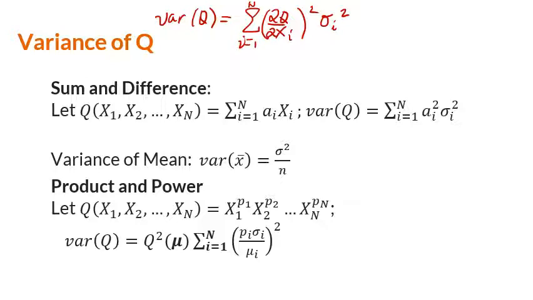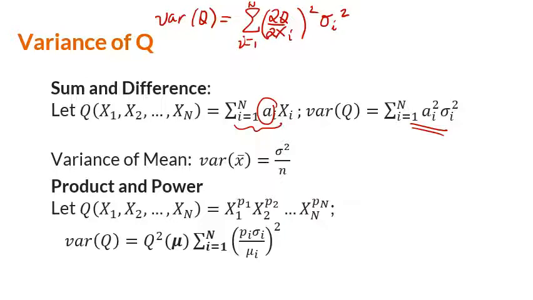So kung yung function mo ay a sub i times x sub i yung kanyang form, ano yung ibig sabihin nito? Yung partial derivative ng q with respect to x sub i is given by a sub i, and then you square it. So you essentially have a sub i squared times sigma sub i squared. So it can be easily derived.